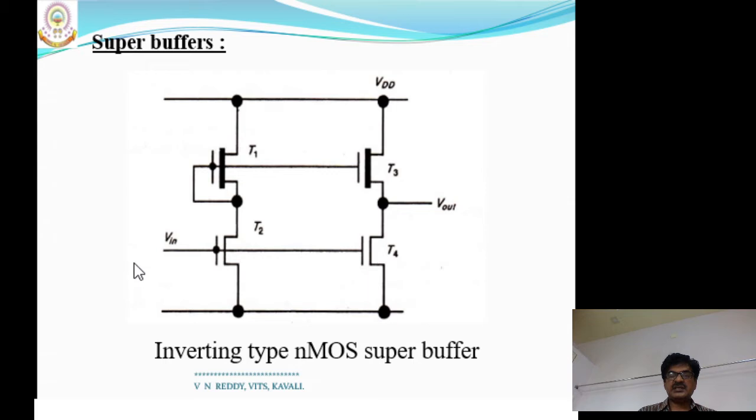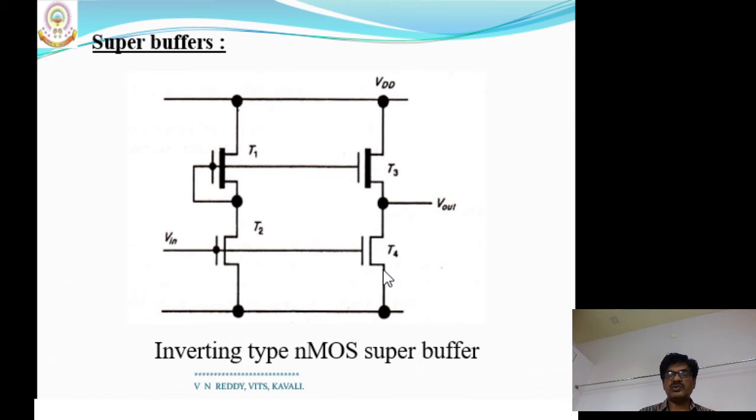Suppose the input is VDD, that means applying logic 1. So the transistor T2 is switched on, that means the voltage across T2 is very small. That voltage acts as the gate potential for the transistor T3. Therefore, transistor T3 is in the off state, whereas transistor T4 is in the on state because the gate of transistor T4 is at the input potential.